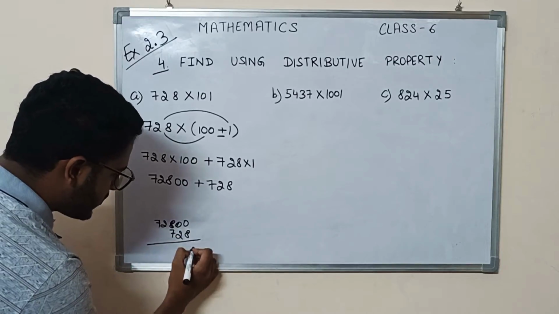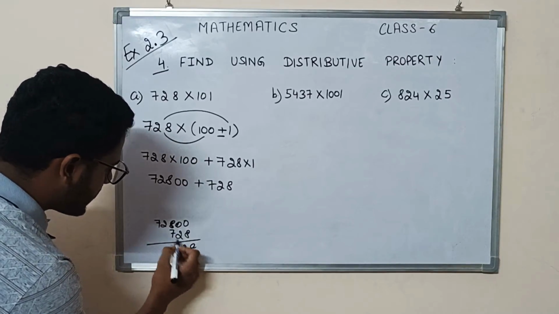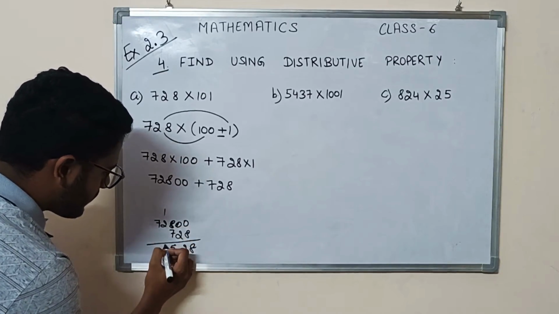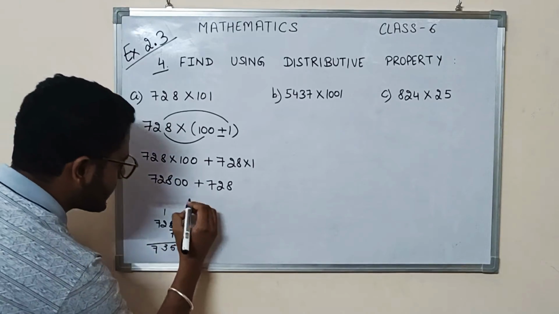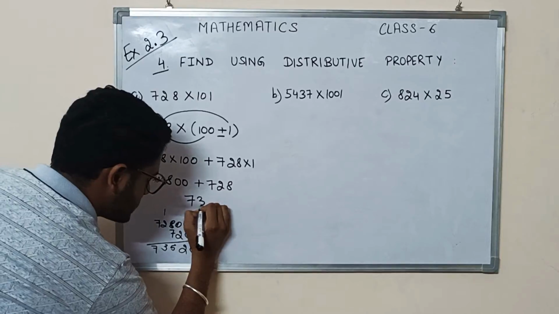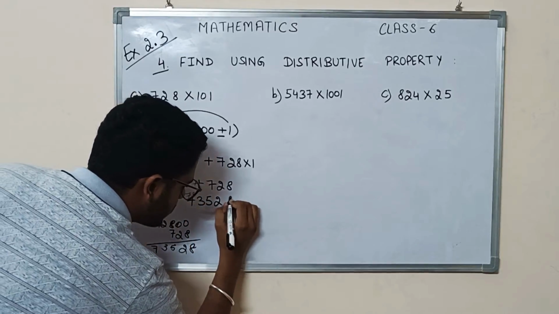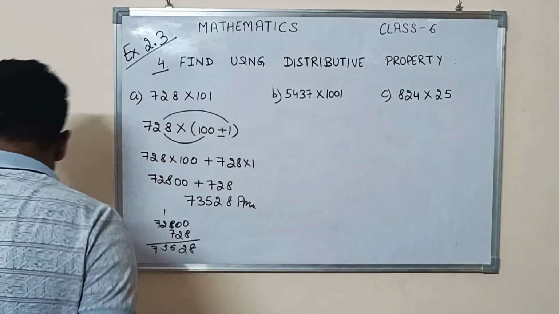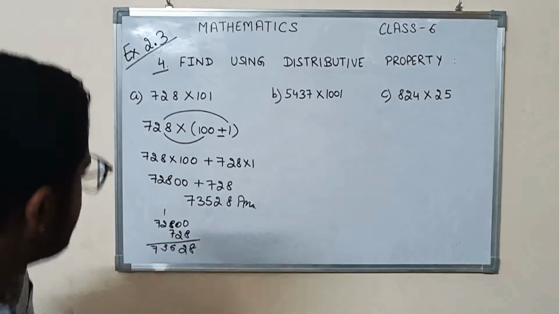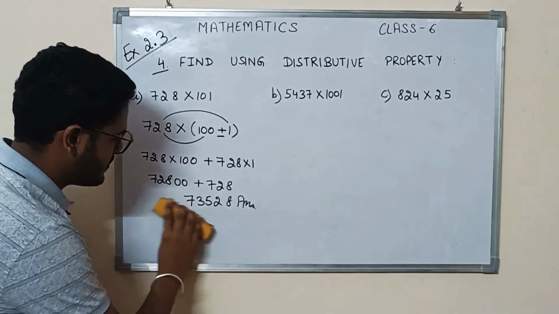When you add these values you will get 73528. So this will be our answer. Let me erase that calculation. Easy, right?